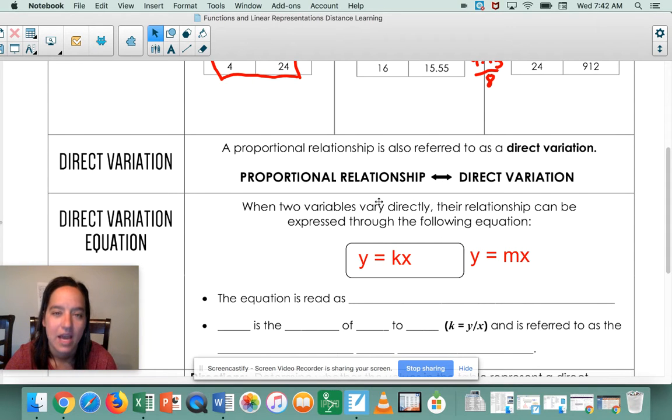It's just because when we're talking about a direct variation, we're talking about a constant rate, and when we're talking about slope, we're talking about a constant rate of change. We'll go into that a little later, but that's why they say kx. It's very much interchangeable.